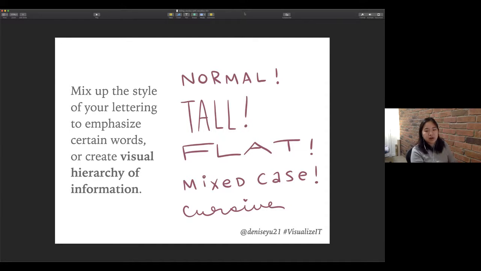Usually headers are bigger, bolder, and content text is smaller, some kind of easy to read serif or sans serif font. The point I'm trying to make is that it pays to invest a little bit of time in learning how to write a couple of different fonts or typefaces using variations on your existing handwriting so that you can fake a visual hierarchy of information.